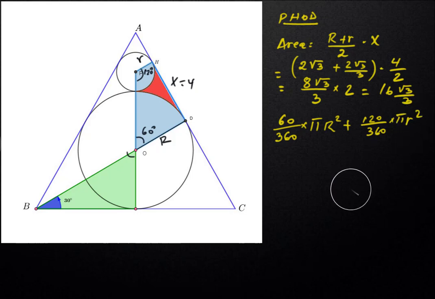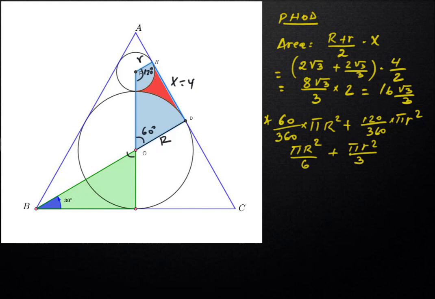And for some simplification before, you can say 60 over 360 is 1/6, so it is equal to pi R squared over 6 in the first part here, plus 1/3 of the other one, pi r squared over 3.